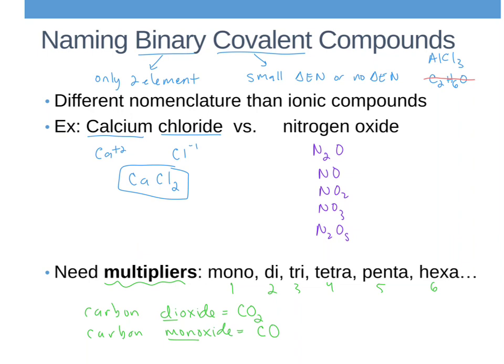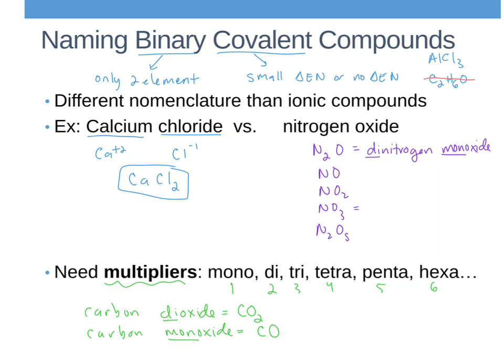So if I go back to these nitrogen oxides, I can name them now that I know the multipliers. We'll do more examples on the next page, but this one would be dinitrogen monoxide, because there's 2 nitrogens and 1 oxide.